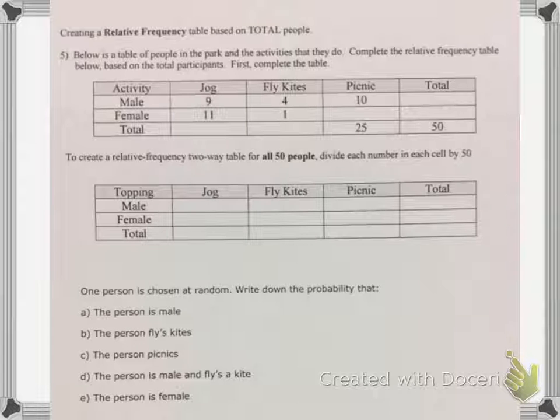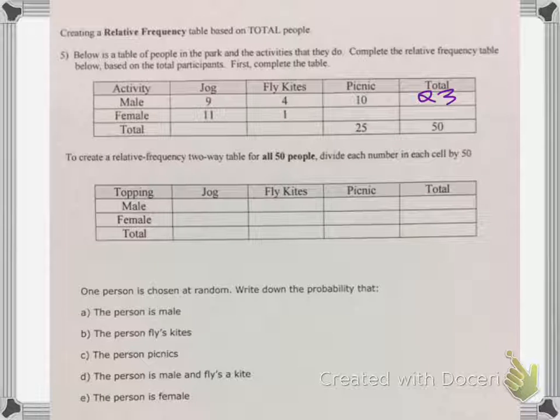All right, number 5 says here, below is a table of people in the park and the activities that they do. Complete the relative frequency table below based on the total participants. First, complete the table, and then we'll go down and we'll answer some questions. So if we're going across this direction, these numbers add to 23.